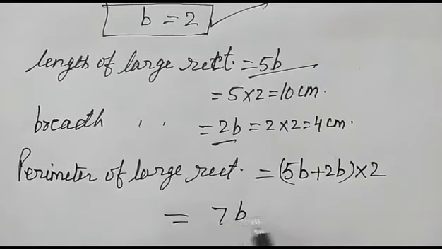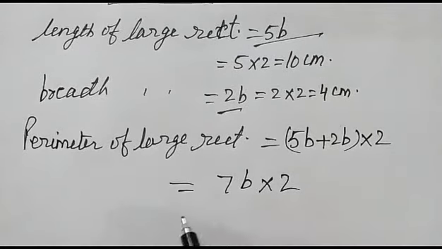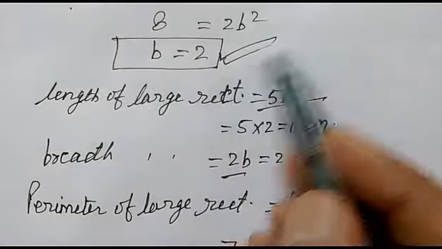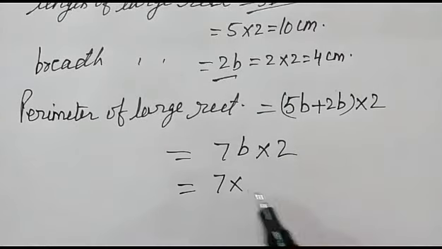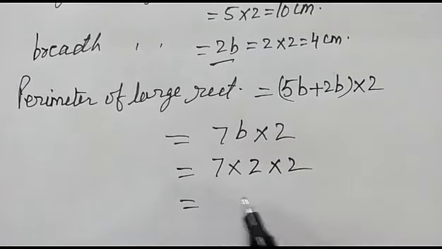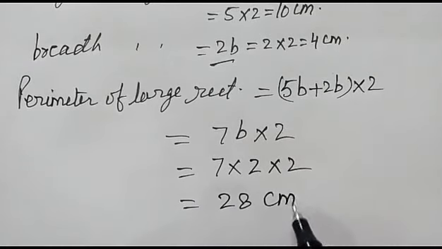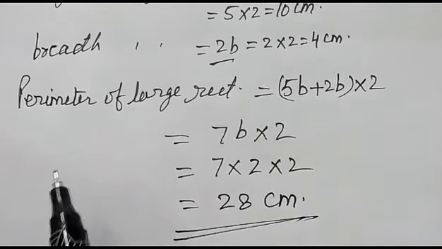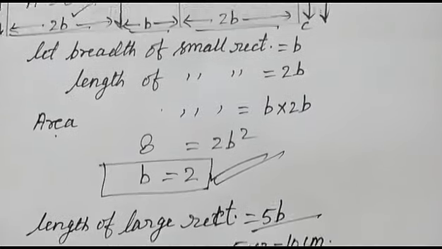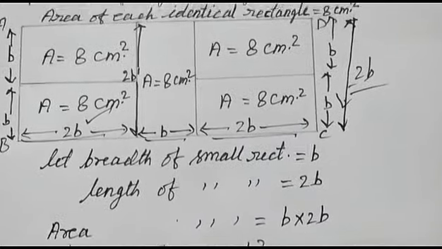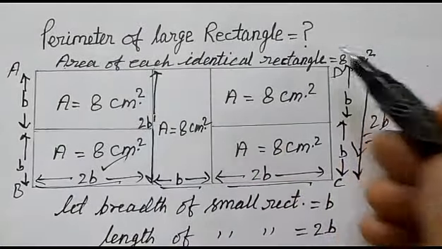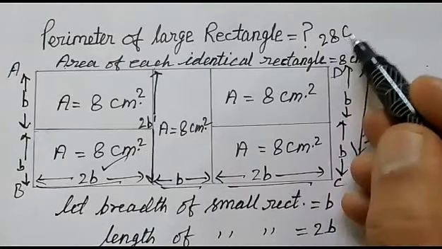So 7B into 2, with B equal to 2, right? So 7 into 2 into 2, so 28 centimeter, right? So the perimeter of the large rectangle will be 28 centimeter, right?